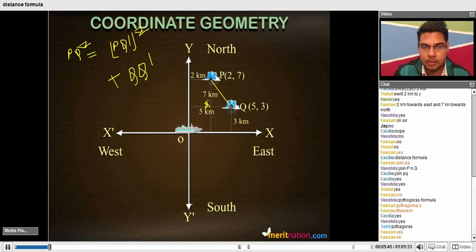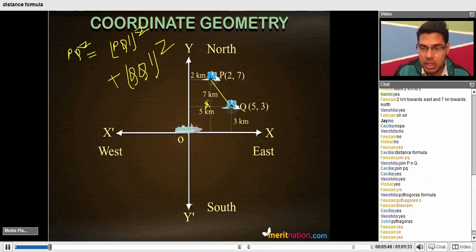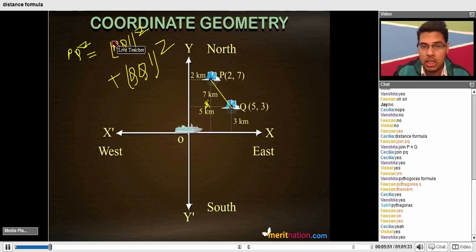Yes? All of you agree? So to find out the distance, basically we need to find out, what do we need to find out? PQ dash and QQ dash. So now you will tell me what is PQ dash and what is QQ dash.